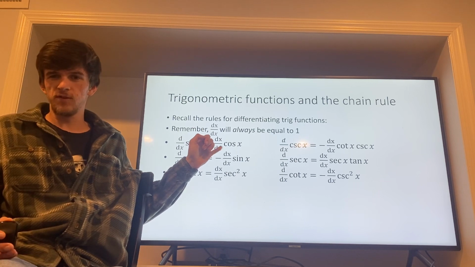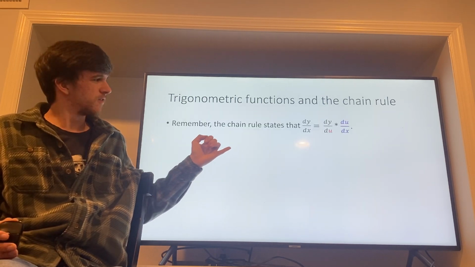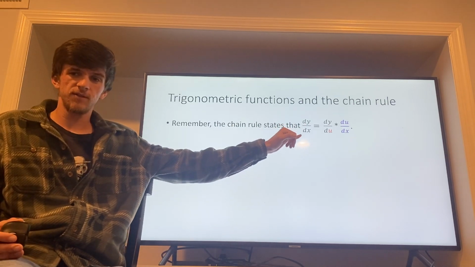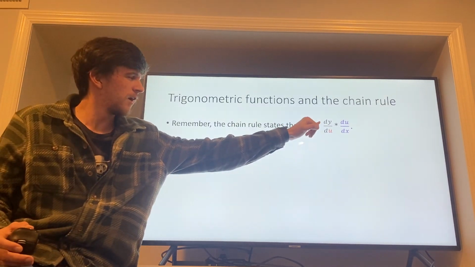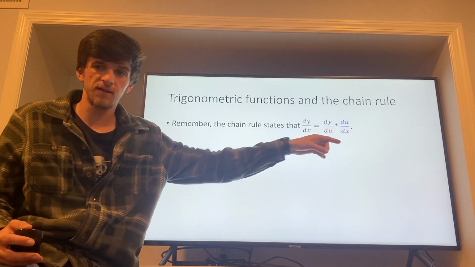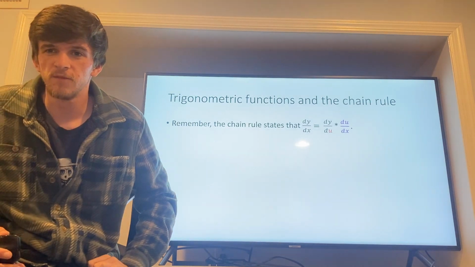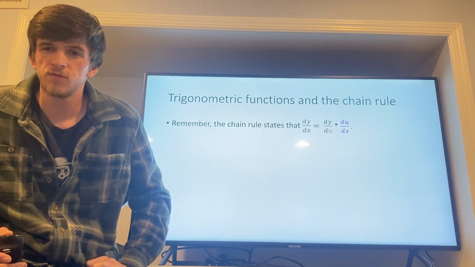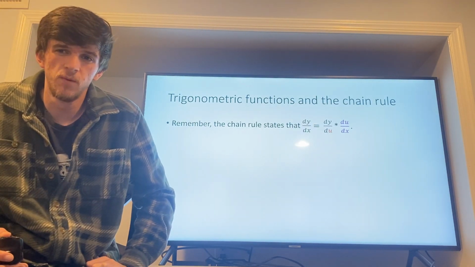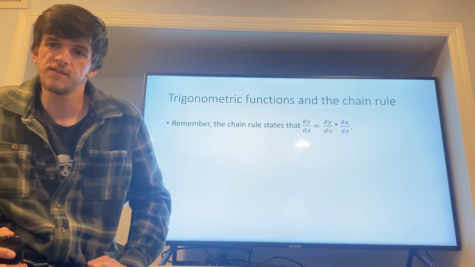So if we're using the chain rule, you'll recall that the chain rule states the derivative of y with respect to x is going to be the derivative of y with respect to u times the derivative of u with respect to x. Similarly, for functions that don't have u, we could say dy dx times dx dx.